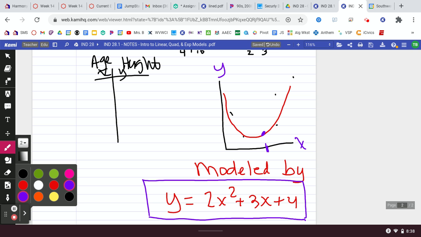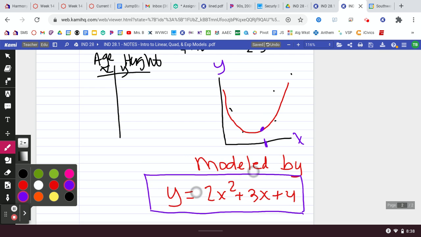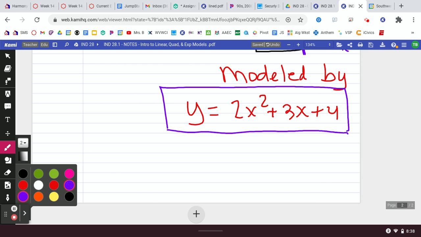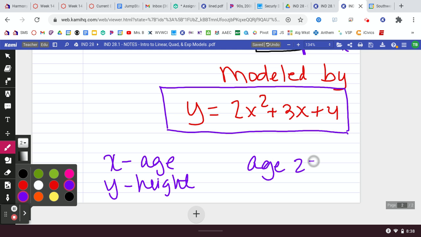When it says according to the model or using the model, it wants you to use the equation. So let me write that down. If it says X is age and it tells you Y is height, right? And then it says, according to the model, what height is this person expected to be at age 27? Where would I plug 27 into the equation?